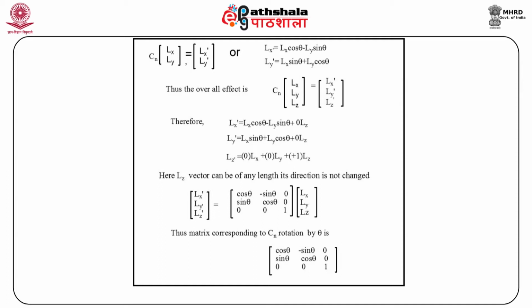This slide also represents the equations which correlate Lx dash with Lx, and in matrix form the effect of the operation of Cn by an angle theta gives a matrix corresponding to this Cn axis rotated by theta as cos theta minus sin theta 0, sin theta cos theta 0, 0 0 1, the matrix corresponding to Cn rotation which operates on vectors Lx, Ly and Lz along the axes, and here the angle of rotation can be any as shown over here.